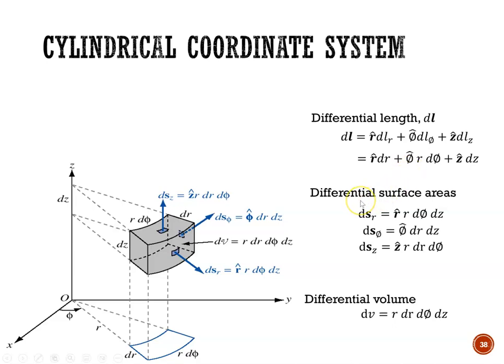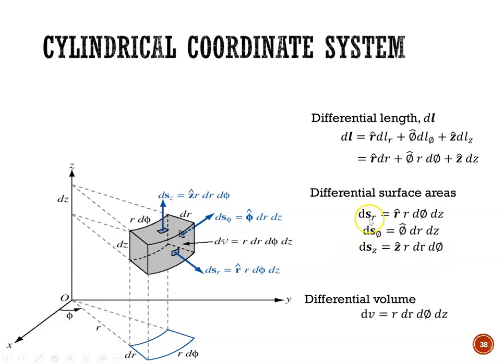Now for the differential surface area, you will find dsr, ds phi, and also dsz. So dsr is equal to r hat r d phi dz. For ds phi, that will be equal to phi hat dr dz. And for dsz, equal to z hat r dr d phi.